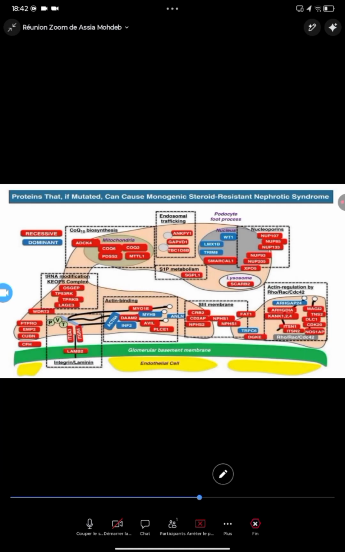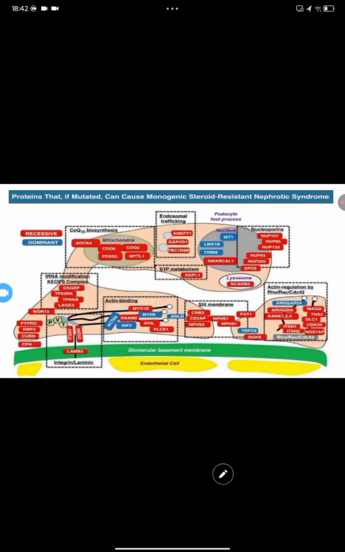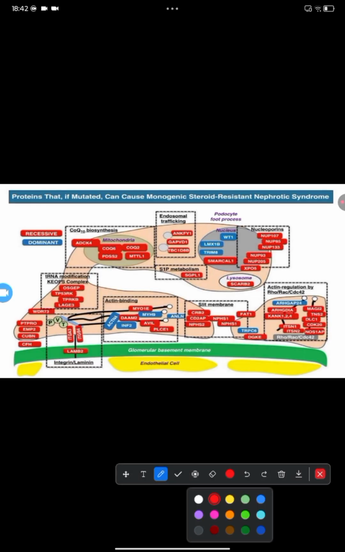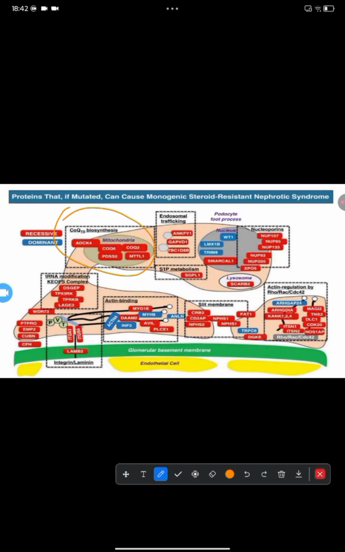And then we move to the last slide, and we talk about the other genes. We talk about the CoQ10 biosynthesis, which is found in the mitochondria.